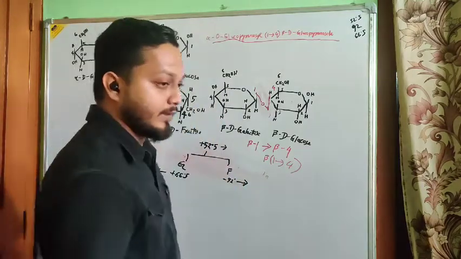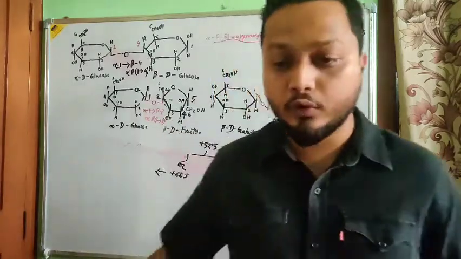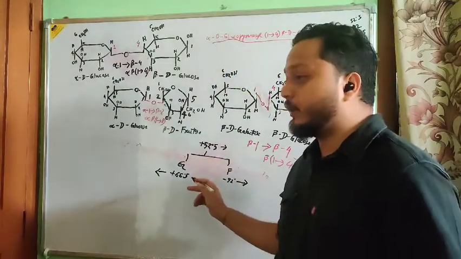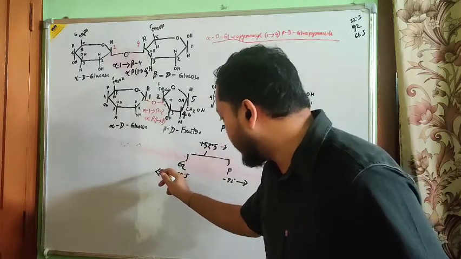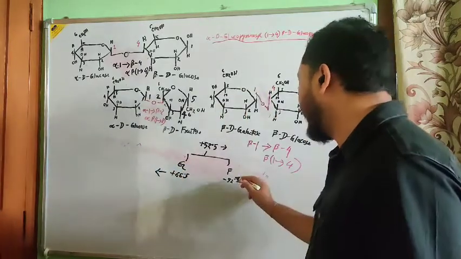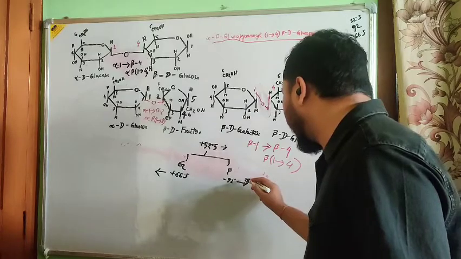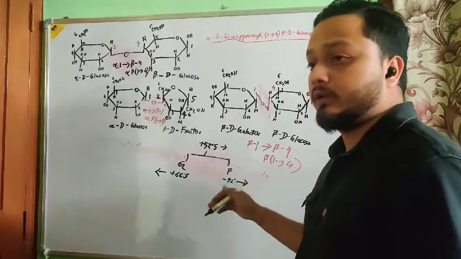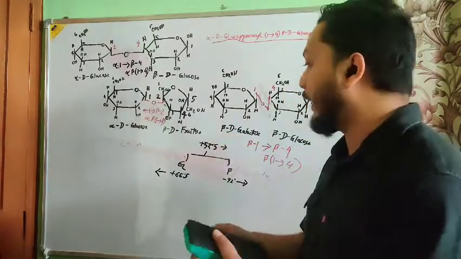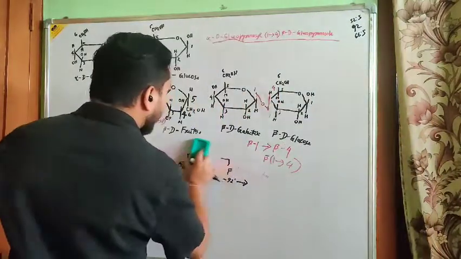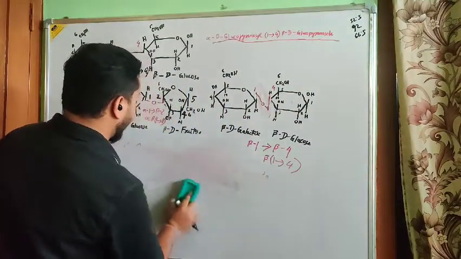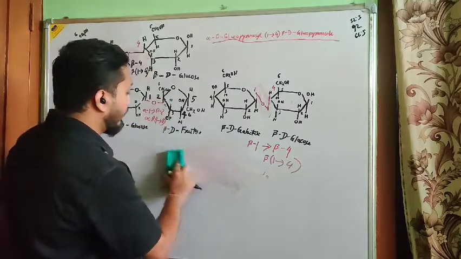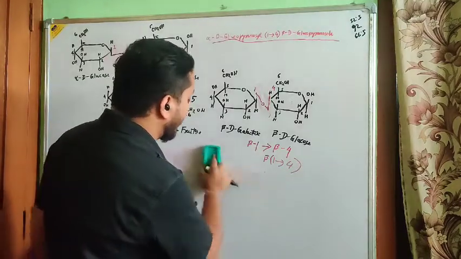So on hydrolysis, sucrose gives glucose and fructose units, and glucose rotates light towards right, and fructose rotates light towards left. That is in opposite direction, in invert direction. Therefore, it is known as invert sugar. This is an important question from exam point of view.